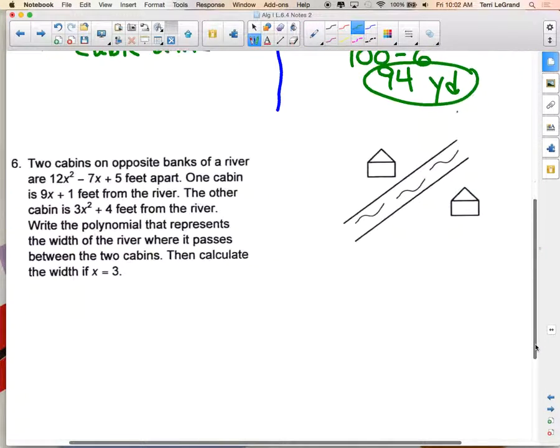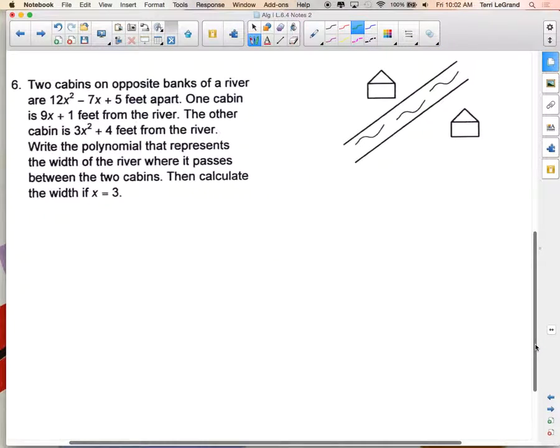Two cabins on opposite sides of a river are the polynomial 12x squared minus 7x plus 5, let's put that in parentheses, please, feet apart. One cabin is 9x plus 1 feet from the river. Let's put that in parentheses also, 9x plus 1.